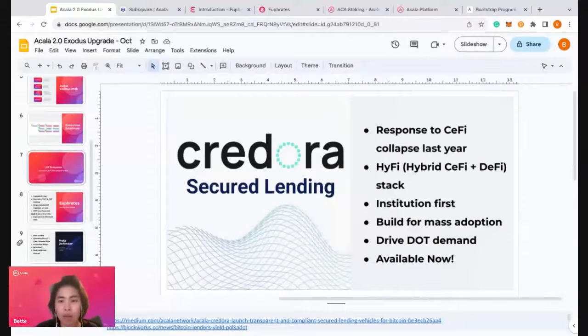pipeline. For those who noticed, we launched this about two weeks ago. This is a response to last year's CeFi collapse, as I mentioned, like Celsius and FTX. The major problem there is the hidden credit risk, which is not visible to the participants.